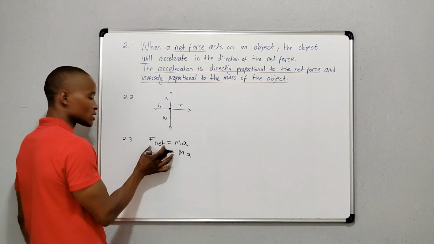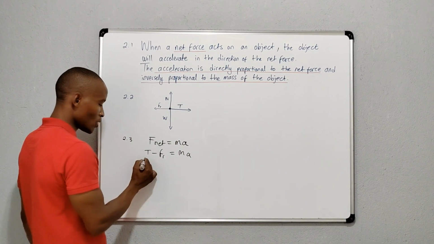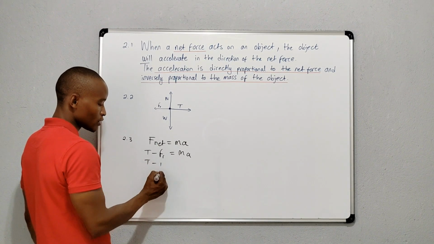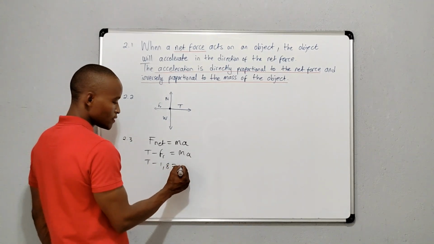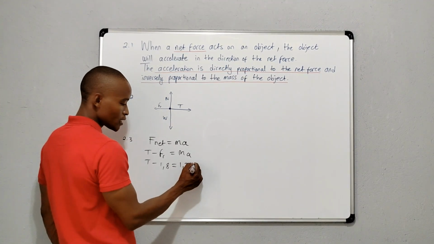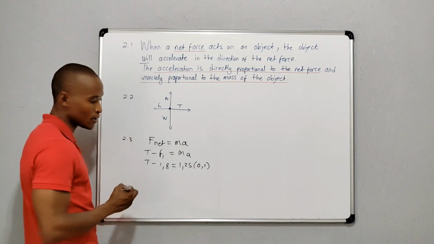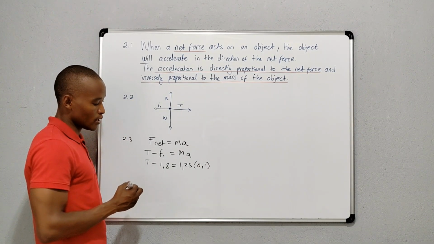Those are the 2 forces giving us the net force acting on crate P. We want T. We are told that the frictional force acting on crate P is 1.8, and the mass of crate P is 1.25 kilograms, and the system is accelerating at 0.1 meters per second squared to the right.